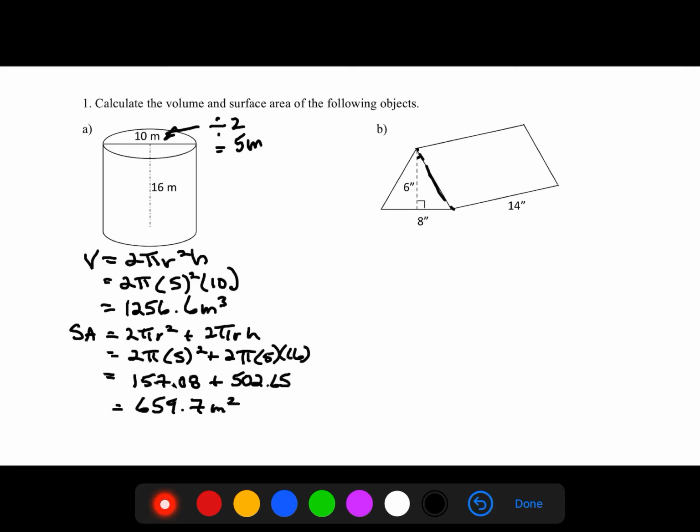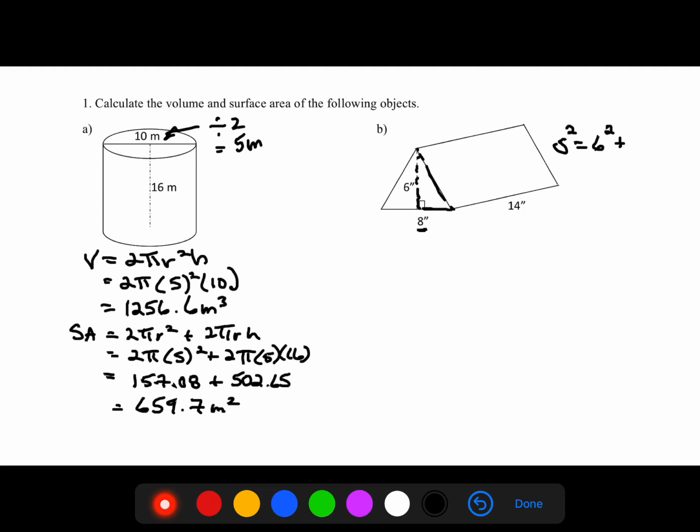Now, for our triangular prism, we know that we're going to need this slant measurement. Notice that we don't have our slant, but what we do have is a right angle triangle, half of the front or the base. So we can use Pythagorean theorem to find out what the slant is. And the slant is the hypotenuse in our triangle.